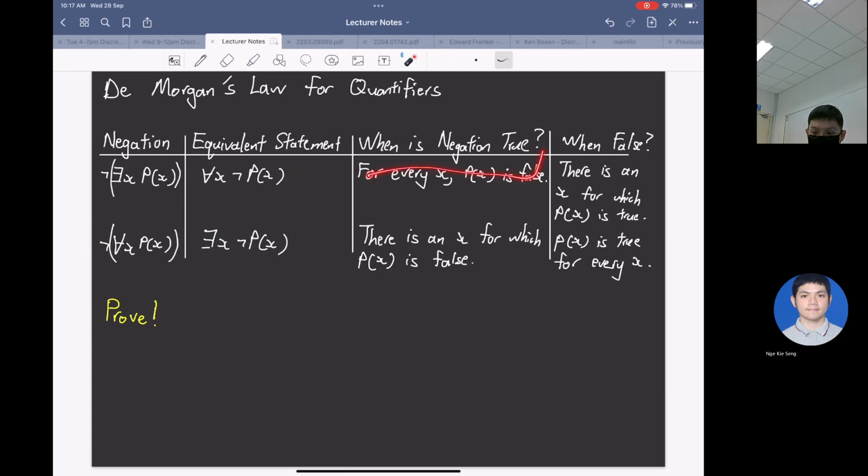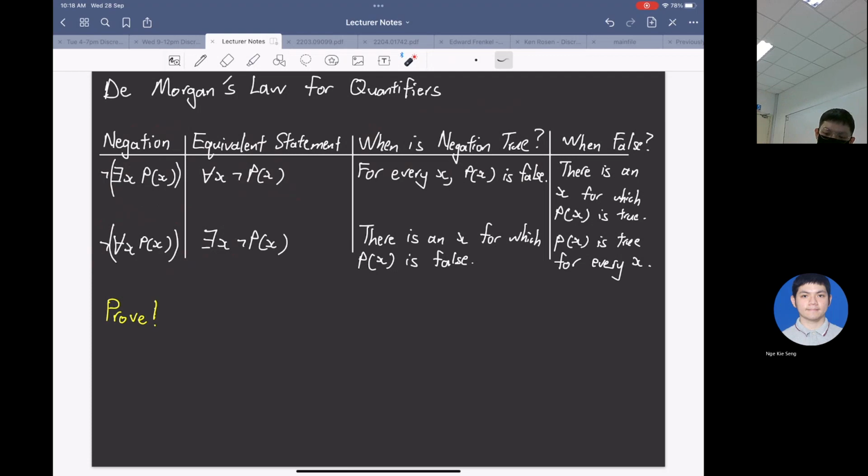So when is the negation true? For every x, you need to prove that P(x) is false. For every x, you need to prove that not P(x) is true, which is P(x) is false. And then when is it false? You need to find an x such that P(x) is true. So logic is like this. You twist here and then twist back, twist forward, twist backward, twist front and back.